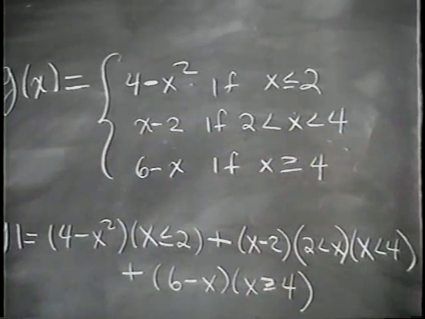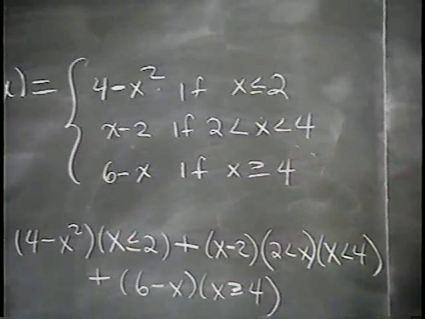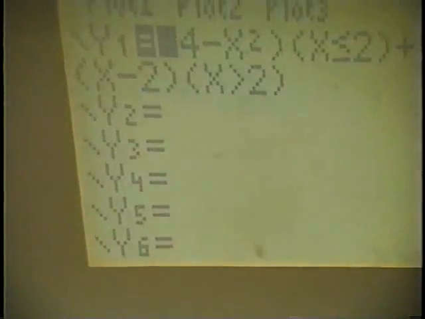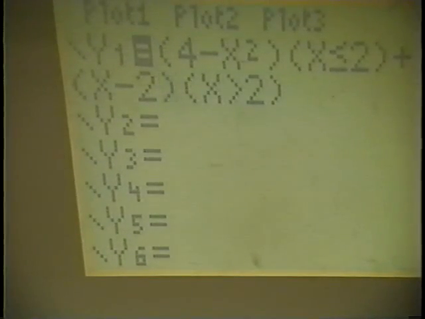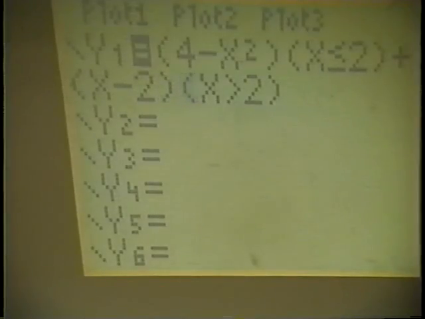So let me do that now. Y equals, let's see, can I save some of this? The 4 minus x squared if x is less than or equal to 2 is okay. Okay, now x minus 2, over here, I'm going to change this.